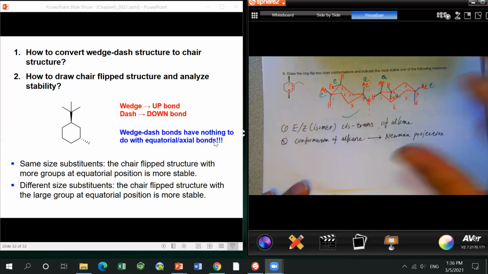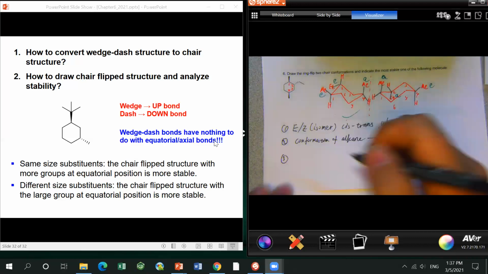Just rotate one carbon, and keep in mind the more stable one should have the two most bulky groups in anti-position, 180 degrees. The least stable ones have the two bulky groups eclipsed together, so they overlap each other. Those are the least stable ones.